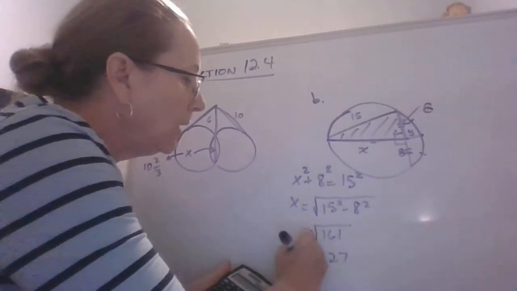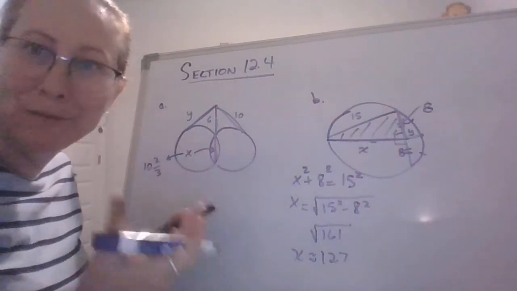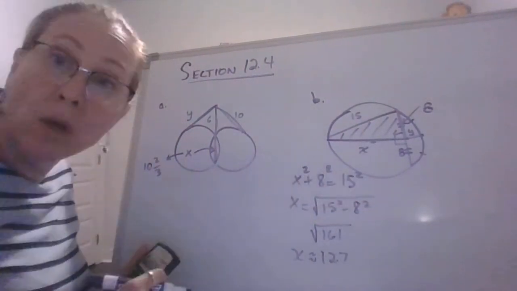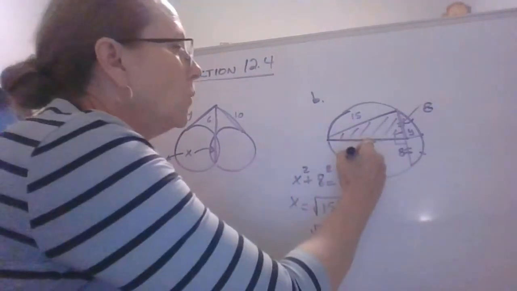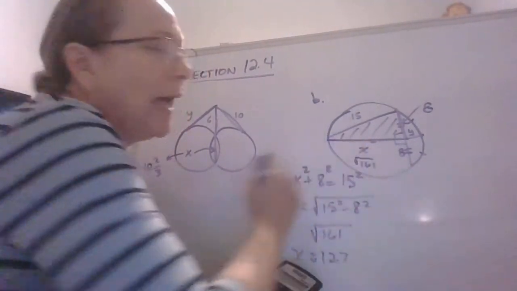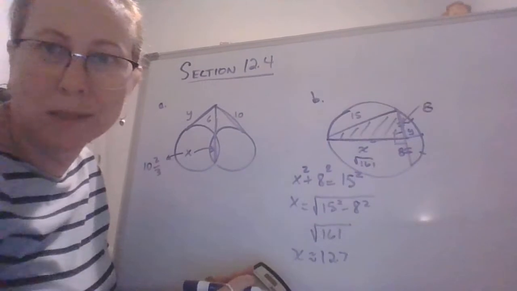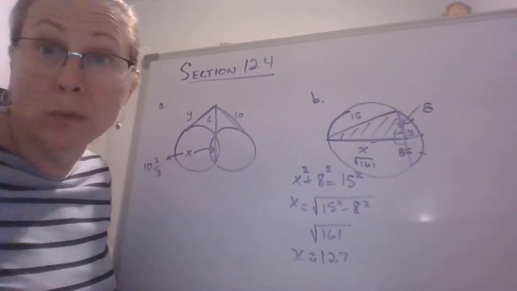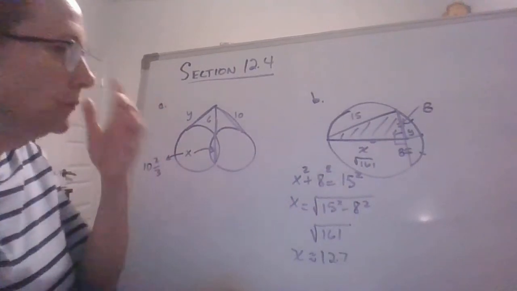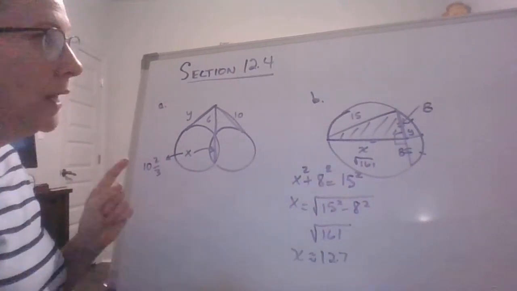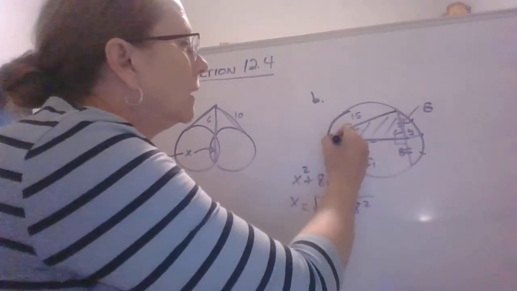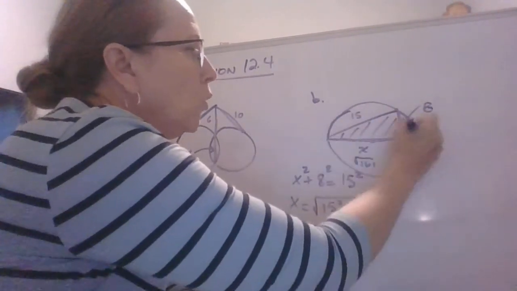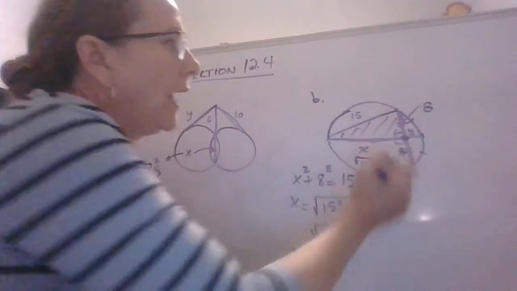This time we can round because we have no choice. Now, what we can do for the solving of y is leave it as the square root of 161 and see if there's another choice, which there won't be, but sometimes we don't know that until we solve the problem. So in this particular one, we've got one segment crossing another, or one chord crossing another at that value.